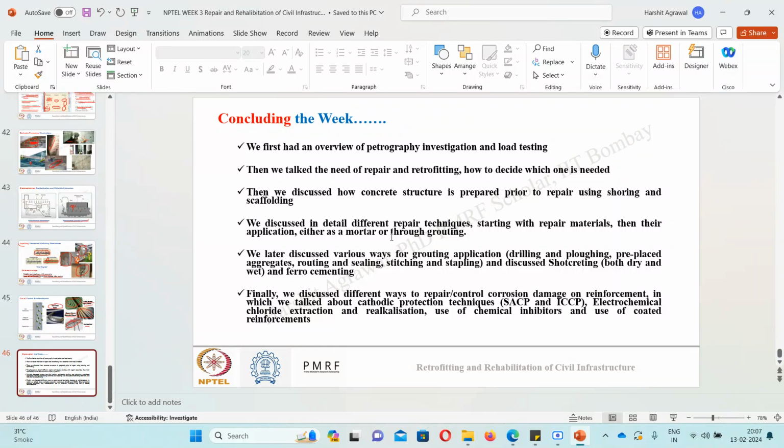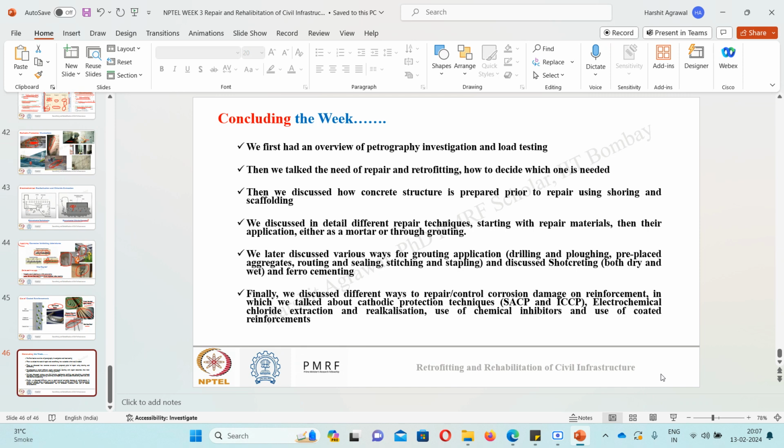Then we discussed in detail different repair techniques, starting with repair materials, then their application, either as a mortar or through grouting. We later discussed various ways of grouting applications, also drilling and plugging, pre-placed aggregate, routing and sealing, and stitching and stapling. And we discussed shotcreting also, dry shotcreting and wet shotcreting, and ferrocementing also.